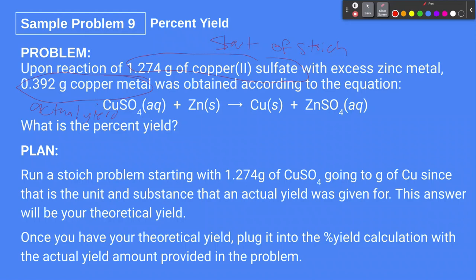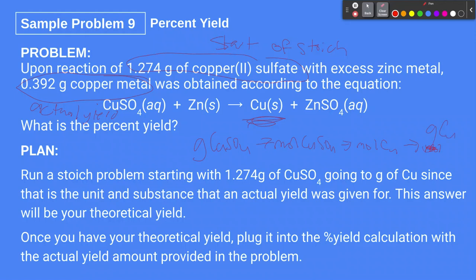Okay, so we're going to start stoich with grams of copper 2 sulfate, and we're going to end it with grams of copper metal. How did I know that? It's because I was given the amount of a reactant, and then the actual yield copper here is a product. So we're going to go grams of copper sulfate to moles of copper sulfate to moles of copper to grams of copper, my bad.